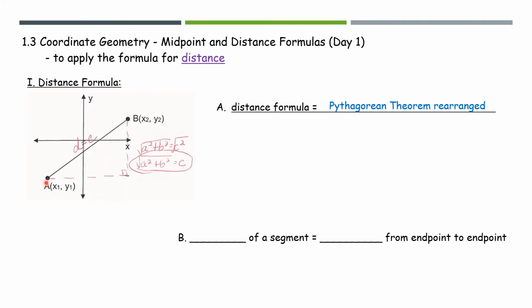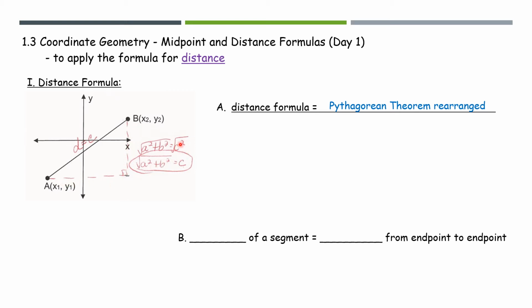So you can see right here, in the Pythagorean theorem, the hypotenuse is generally called C. We're going to call it D for distance. So here's the Pythagorean theorem, A squared plus B squared equals C squared, where A is our horizontal leg and B is our vertical leg.